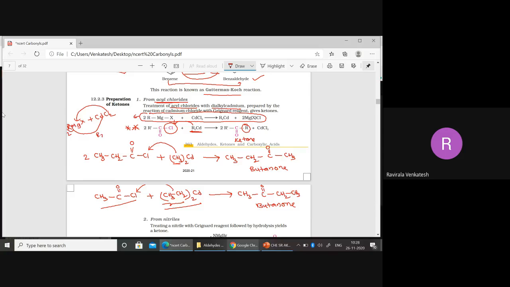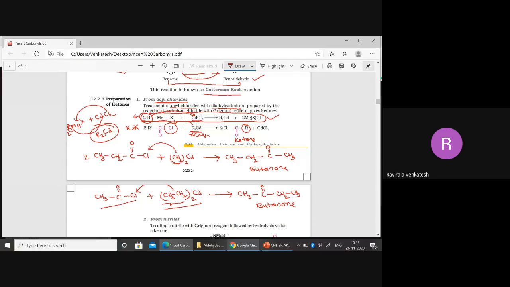When you treat RMgX with cadmium chloride, the two alkyl groups come like this. So we got that reagent. For getting the reagent, we have taken this reaction. Any doubts in this one?